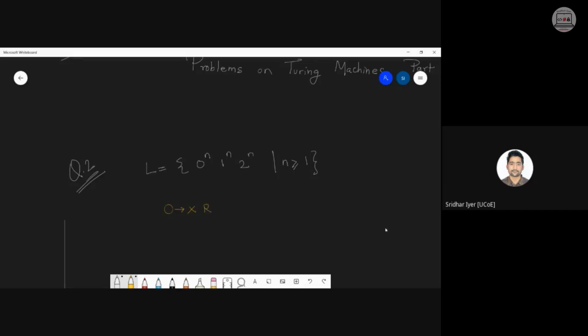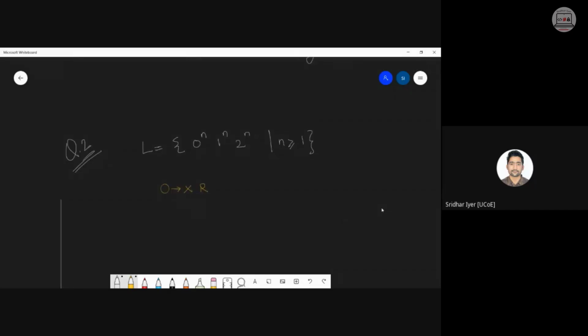I'm writing it like this, okay? Bypass every remaining zero, whatever you encounter. Then whenever you encounter the first 1, replace that with a y, again move right, bypass the remaining ones, and once you encounter the 2, replace that with a z and move left.